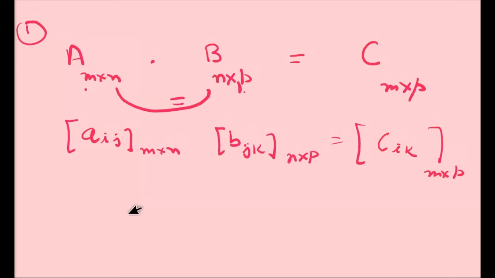Now what is the Cik? Cik is equal to sigma, means sum of Aij into Bjk, where j equals 1 to n.